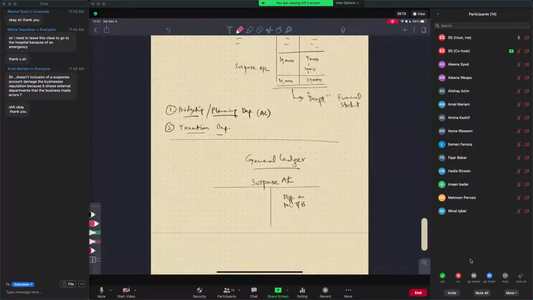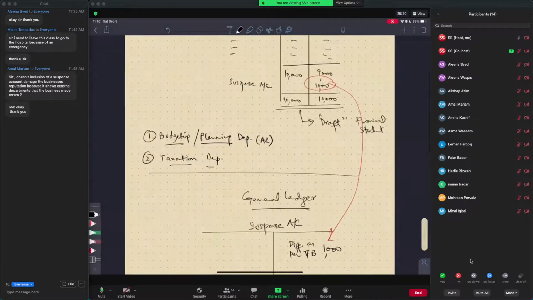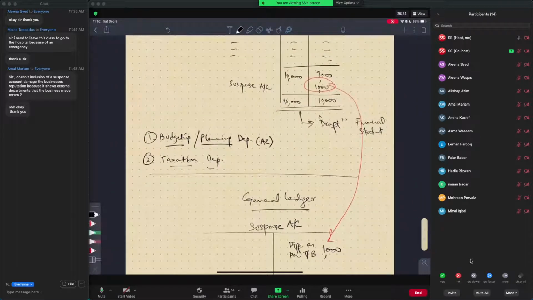In this case, the difference in the trial balance was on the credit side, so you are going to bring it on the credit side of the suspense account here, $1,000. So this is the complete process of how suspense account starts appearing in your books. So far, if you understood every bit of discussion, then please give me a green check.